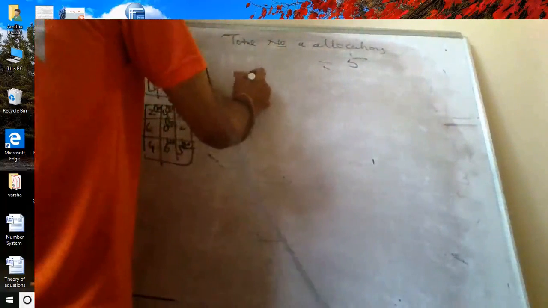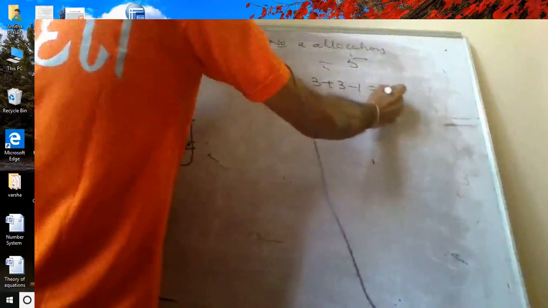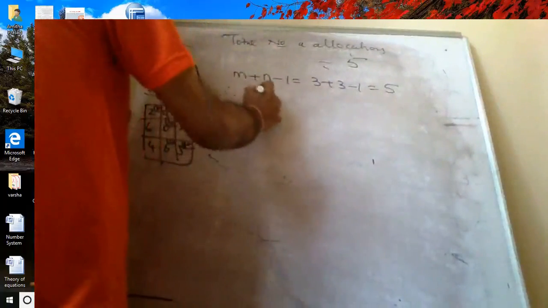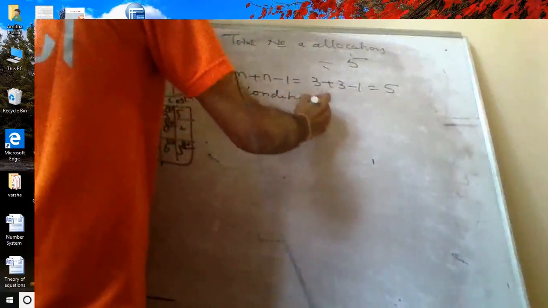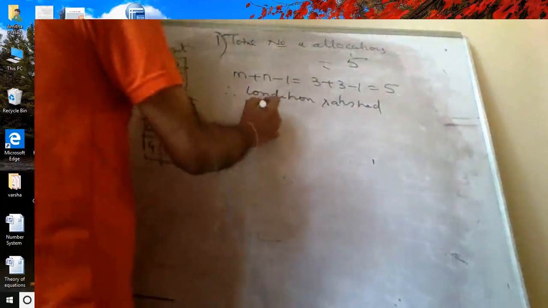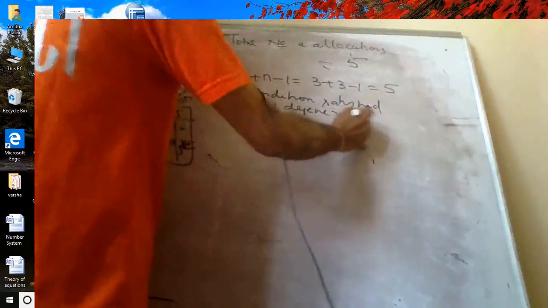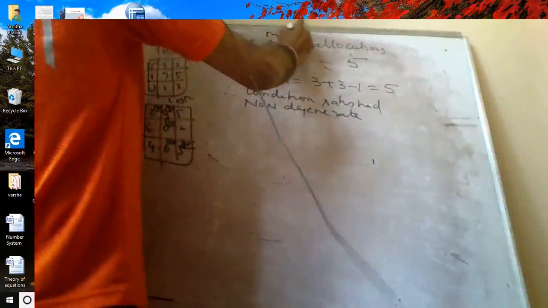So m plus n minus 1, 3 plus 3 minus 1, is 5. Therefore, the condition is satisfied. This is the first step, so it is non-degenerate. This is the first step for the Modi method.